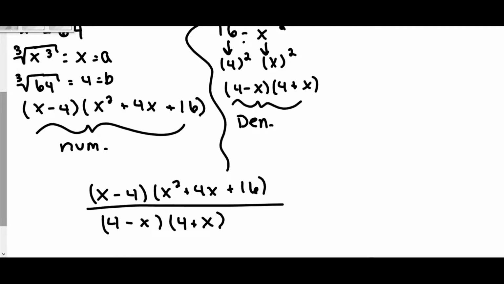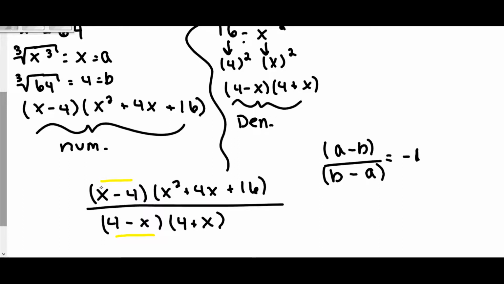My next step would be to cross out common terms. And right now I don't really see one. But what I do see is 4 minus x and x minus 4. And that's one of our special properties. If you remember, we learned in class that a minus b over b minus a, so basically when it's just flipped, is equal to negative 1.